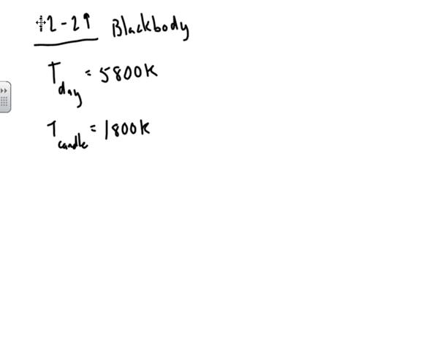So we want to find the emitted energy, which is E sub B for a black body, the emittance of a black body, but only for a range of 0.4 less than lambda less than 0.76 micron. So this is what we're looking for.